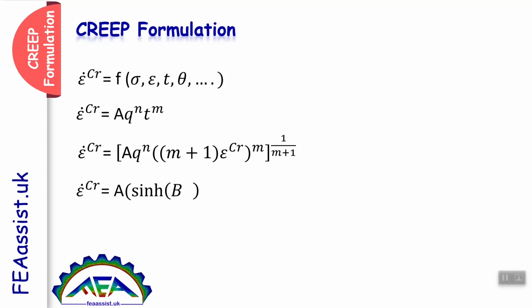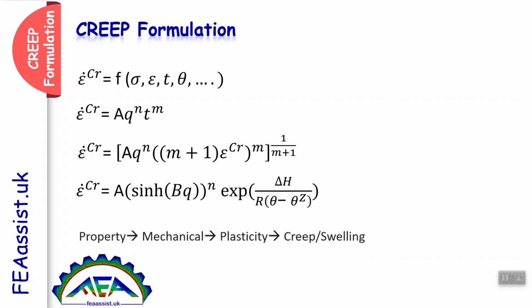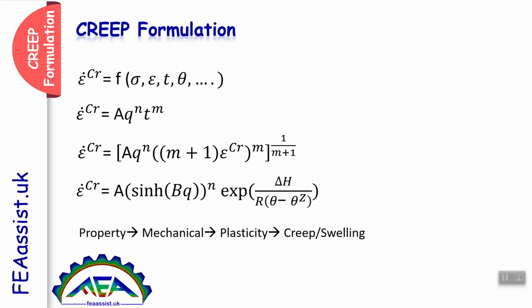Another form of the creep function is the hyperbolic sine function, in which creep is a function of deviatoric stress, energy and temperature. You can go to Abaqus, go to property, mechanical section, plasticity, and there you can see the creep and swelling option, and in that section you can enter all these parameters and predict the behavior.